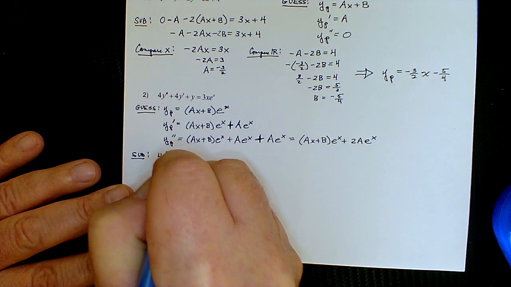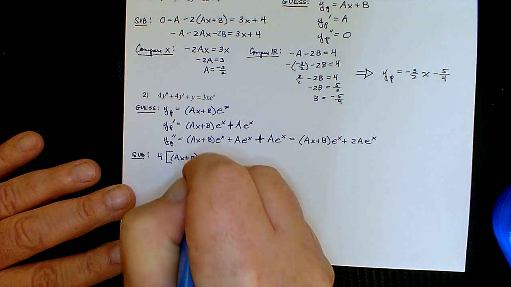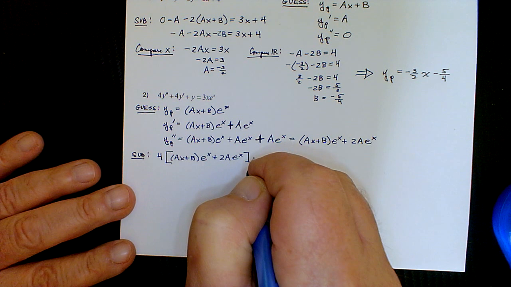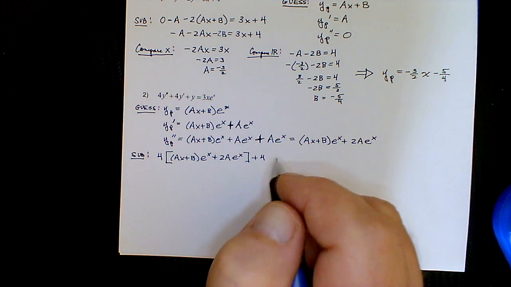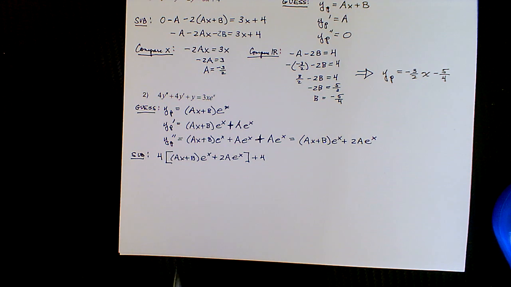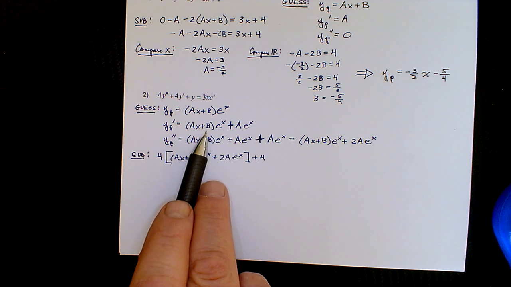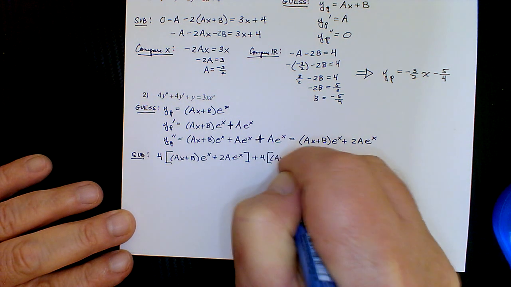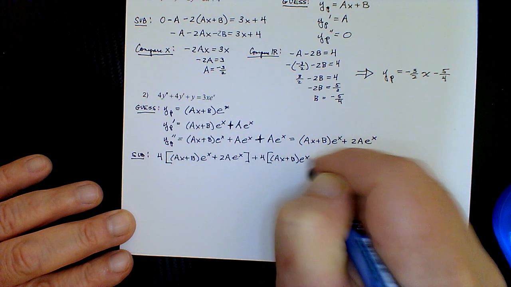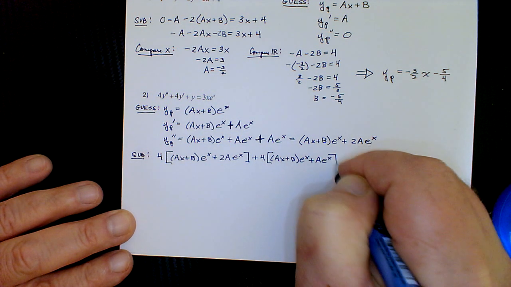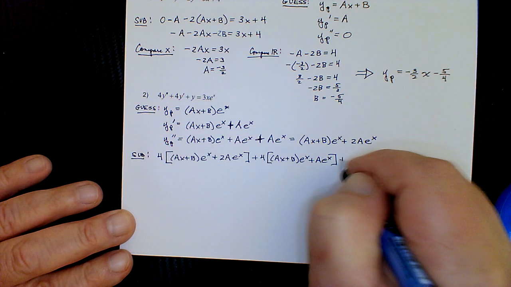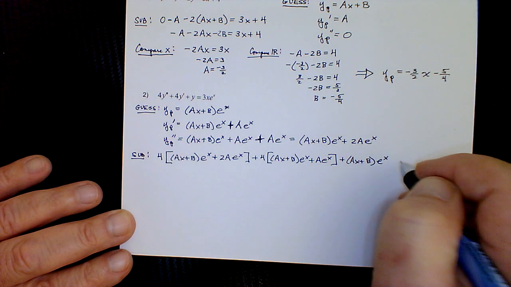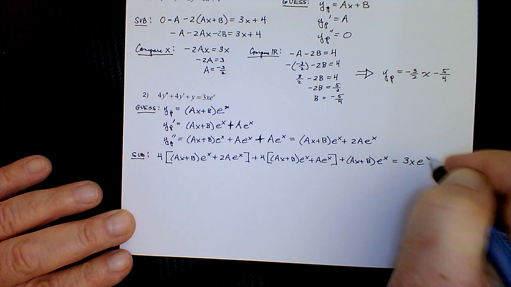Here's y double prime, ax plus b, times e to the x, plus 2a e to the x, and then plus 4 times y prime, and y prime is the ax plus b times e to the x plus a e to the x, and then finally plus y, which was the ax plus b times e to the x, and that has to equal 3x e to the x.